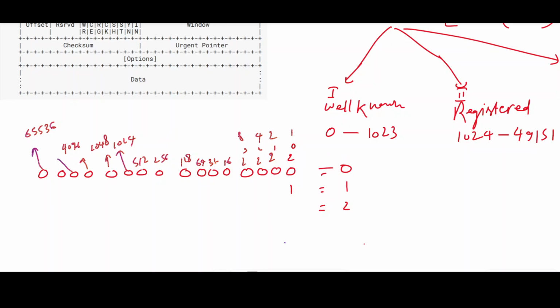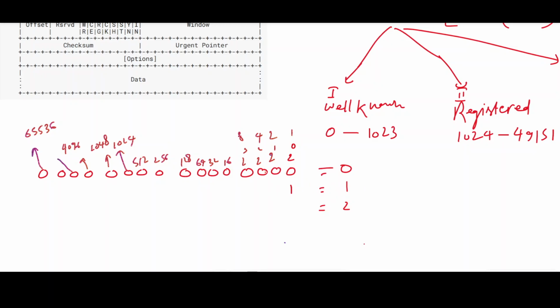Now here we multiply 128 to 256, 256 to 512, 512 to 1024. Now we will make 1 here. Here we are making 1.